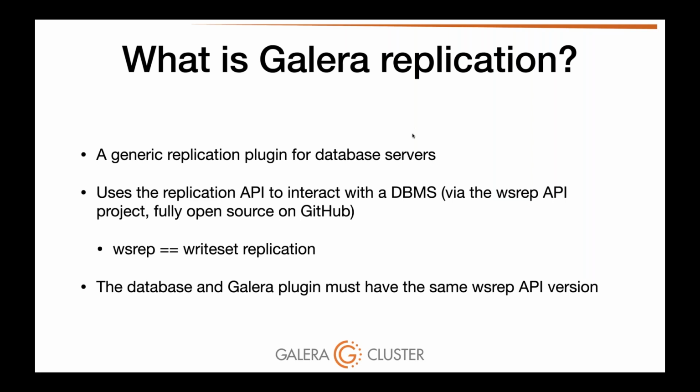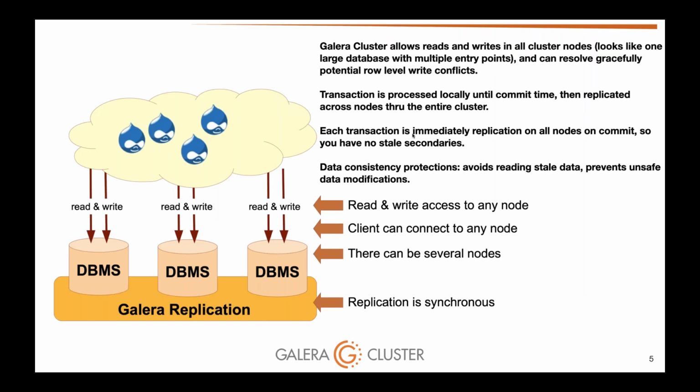So just as a quick overview, Galera Cluster allows you to read and write to all nodes in the cluster. And I think this is extremely useful overall because it looks like one large database with multiple entry points. It resolves gracefully any potential row level write conflicts.